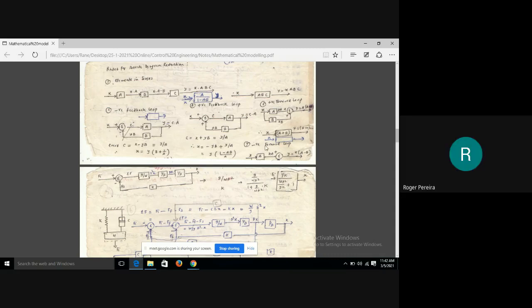So what is the transfer function here? The transfer function will be y upon x, response upon input, isn't it? So for positive forward loop, the transfer function will be y by x that is equal to a plus b, simple.